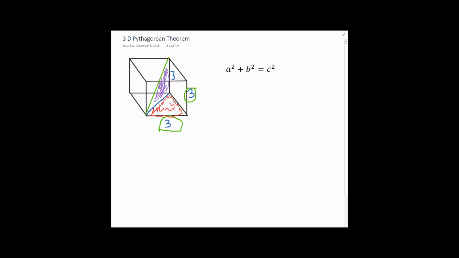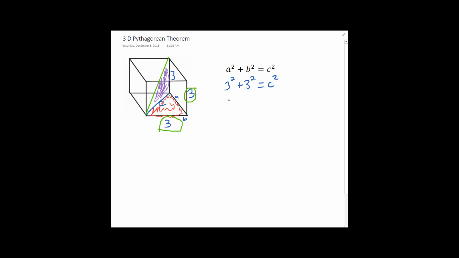Well, we know that this is a triangle, and we know that one side is 3 and the other side is 3. So let's plug that into our equation. We have 3 squared plus 3 squared equals c squared, because this is our hypotenuse, this is our a, this is our b, and this is our c right here. Okay?